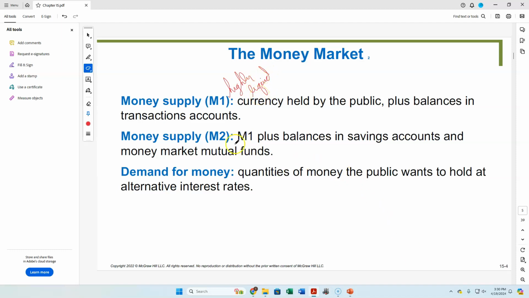In M2, you include everything in M1 plus some things that are less liquid. Now, why is a savings account less liquid? Or why is a money market mutual fund less liquid?